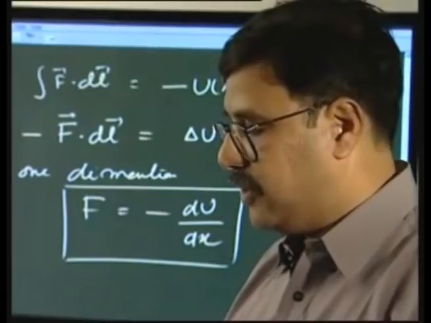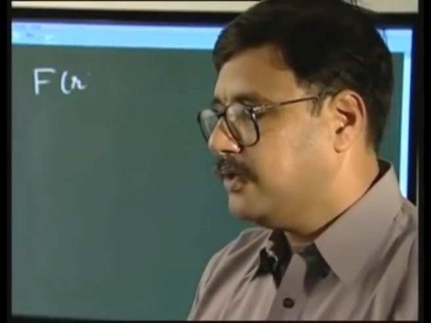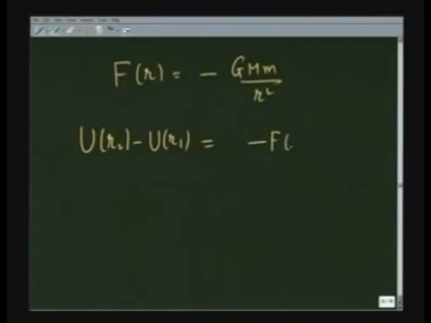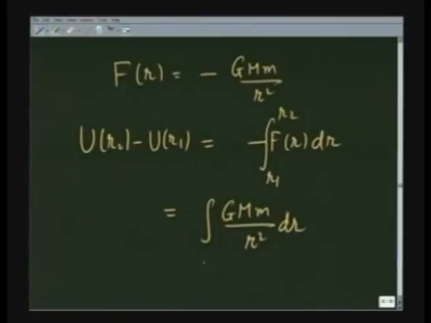Let us take another example, that of gravitational field, in which the force F as a function of r is given as minus G M m over r square. So, if I were to calculate the potential energy at a point r2 with respect to r1, this is going to be minus F dr, and I move the particle along the radial line from r1 to r2, and this gives me the integral of G M m over r square dr from r1 to r2, which is equal to minus G M m over r between r1 and r2, and therefore I get U(r2) minus U(r1) as equal to minus G M m over r2 plus G M m over r1.